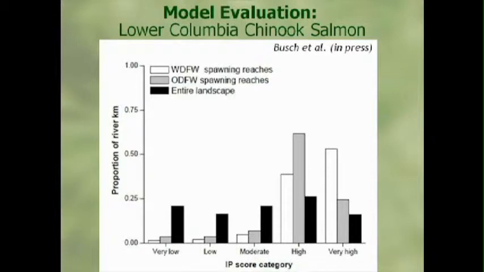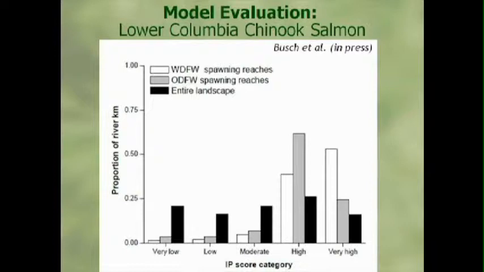Similarly, a variety of techniques have been used to evaluate model outputs relative to real field data. For example, in the lower Columbia River, the Chinook salmon model was evaluated by applying the model for all reaches across the landscape, and then looking at the reaches that had been identified in the field by the Washington Department and Oregon Department of Fish and Wildlife as spawning reaches, and how the distribution of intrinsic potential values differed from the general overall reaches in the landscape.